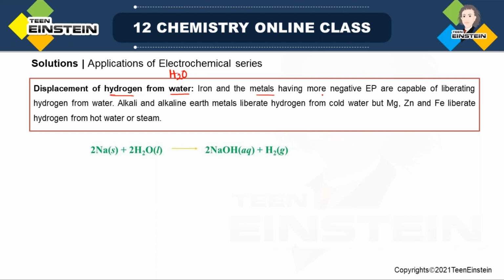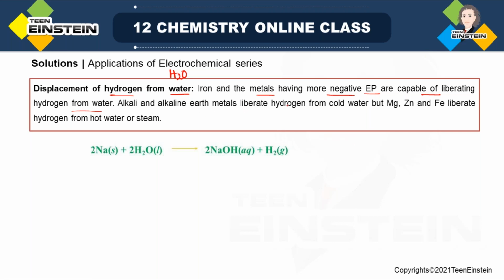Iron and the metals having more negative EP value, electrode potential value, are capable of liberating hydrogen from water. That means they are capable of reducing H plus to H0.